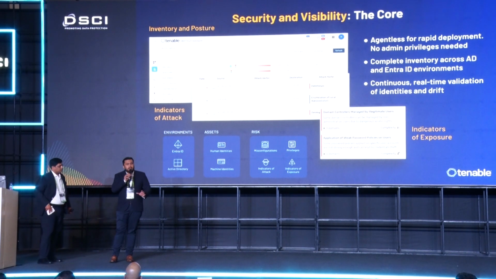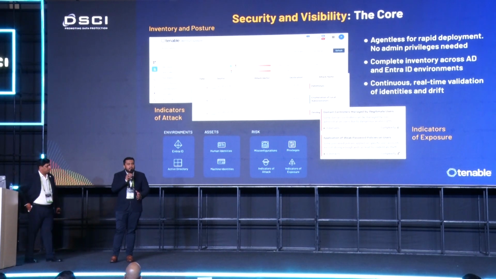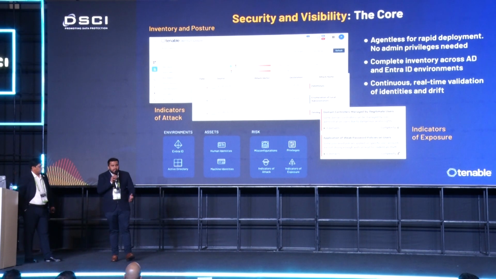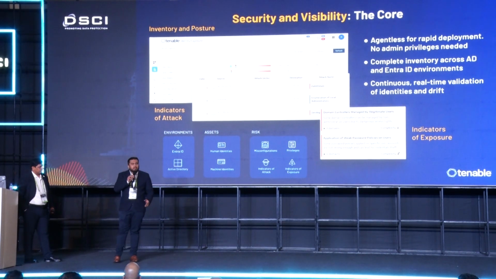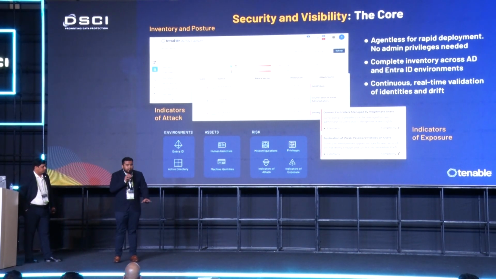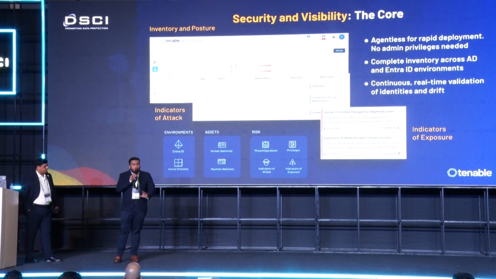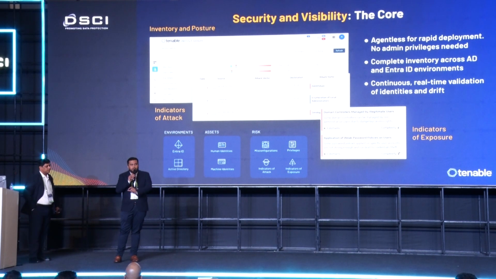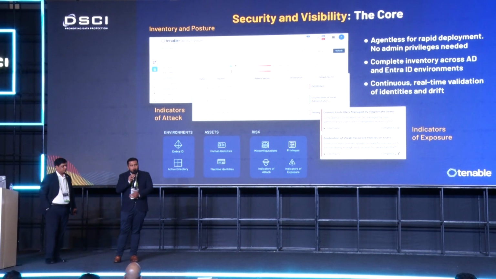There is EDR, there is DLP, there are other tools in the market which protect your entities, users, and everything. But Tenable Active Directory security is one tool which tells you the complete posture, the configuration, and where exactly you need to go ahead and mitigate based on the domains and the forests. So that is indicators of attack and indicators of exposure.